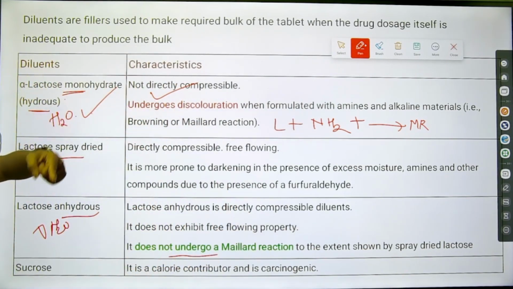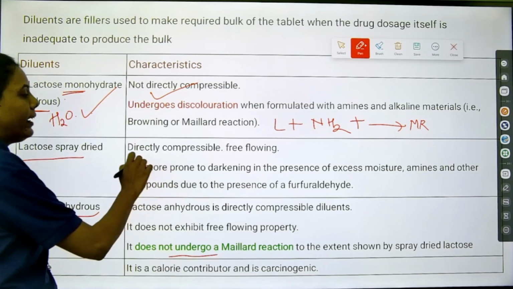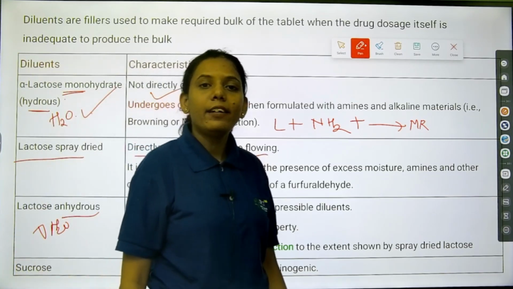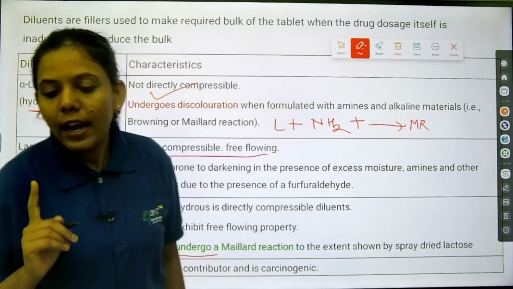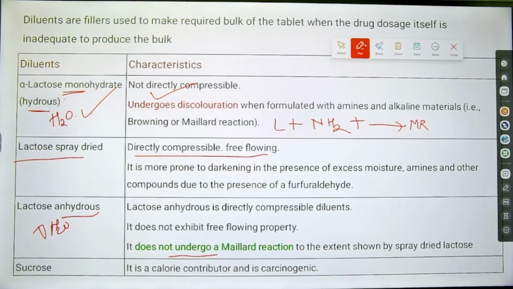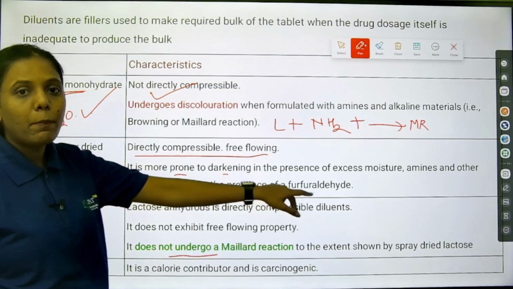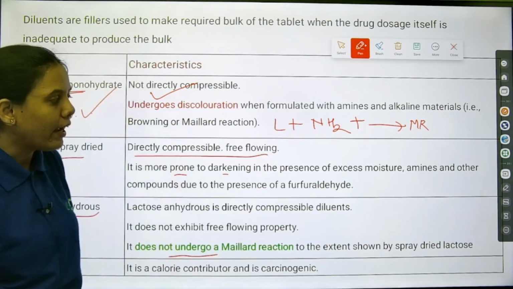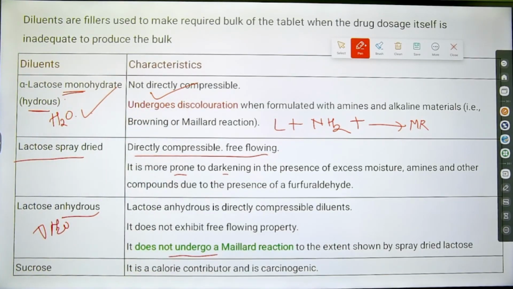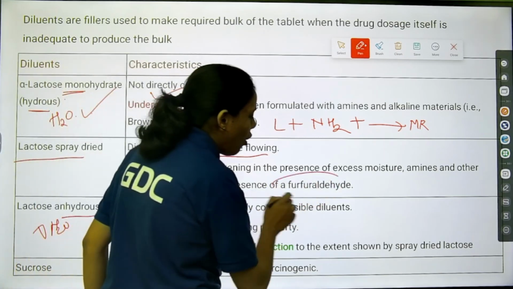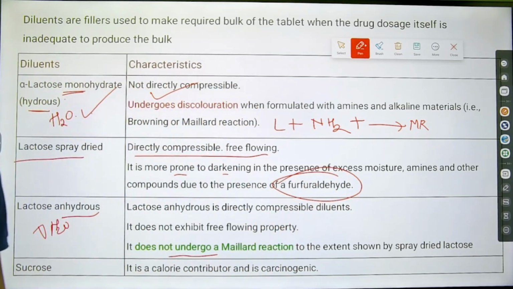Because it has undergone this procedure, it is free flowing and directly compressible. It is more prone to darkening in the presence of excess moisture, amines and other compounds. Why this happens? Important, because of the presence of furfuraldehyde.